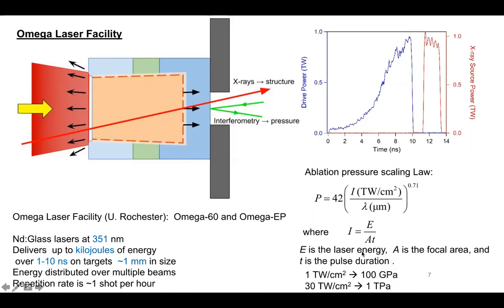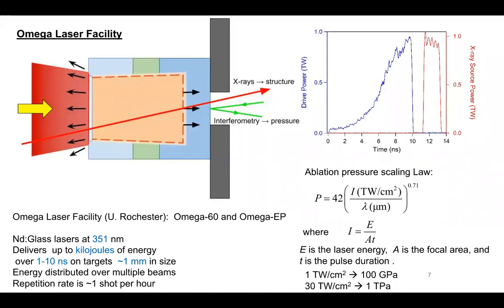That's a range that's readily achievable with this system. Compared to tools like the diamond anvil cell or plate impact shock compression, which tend to get really difficult above 200 GPa or so, this gives us the ability to extend that by a factor of 5 or even 10, and get to higher pressures.